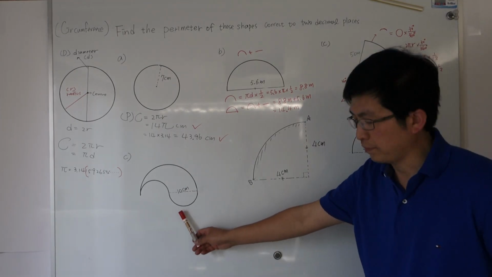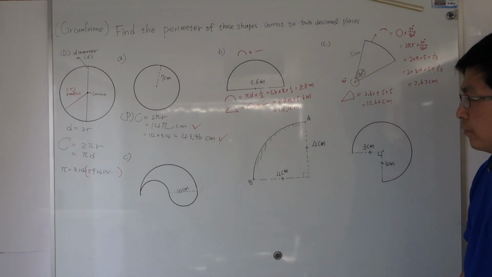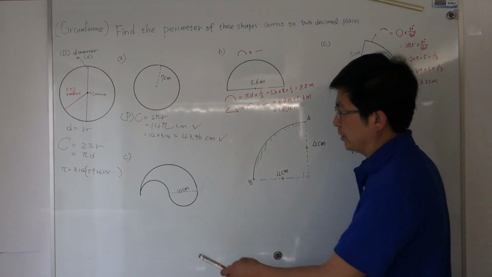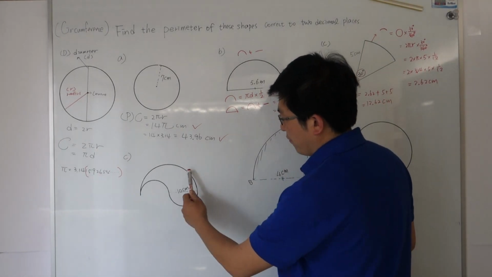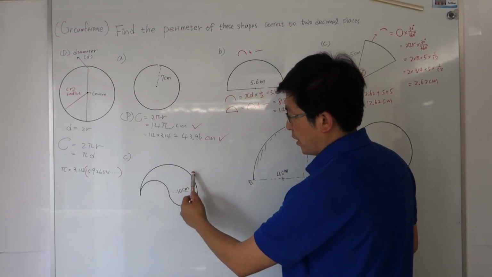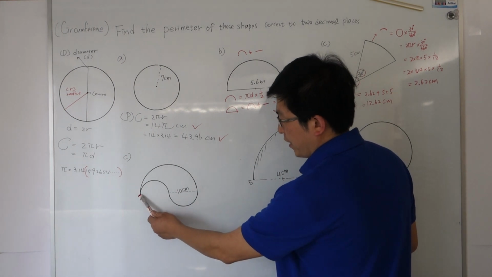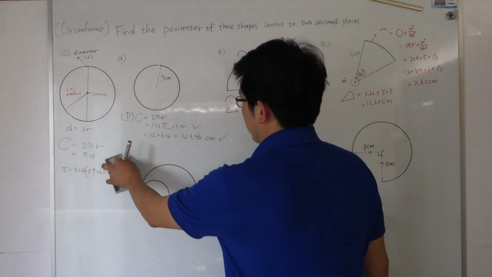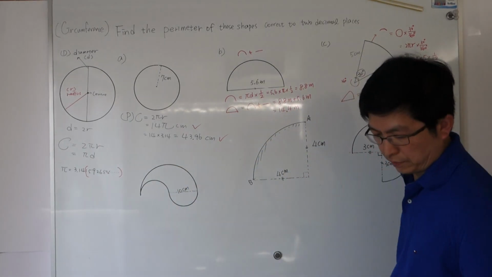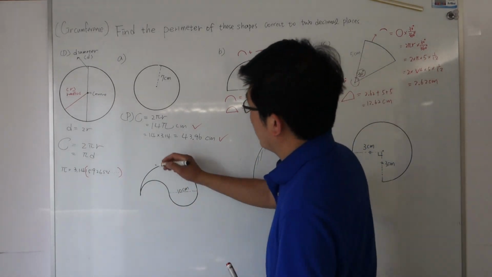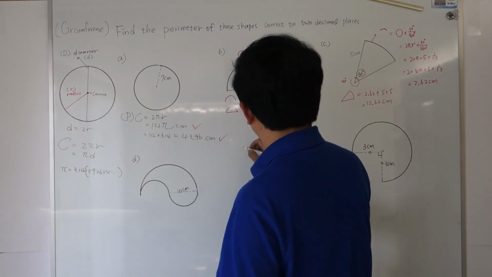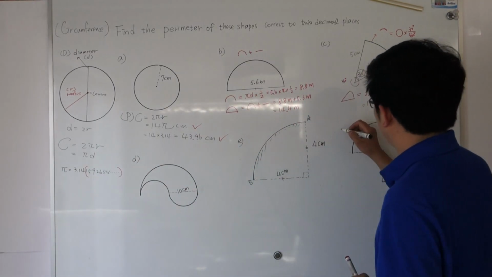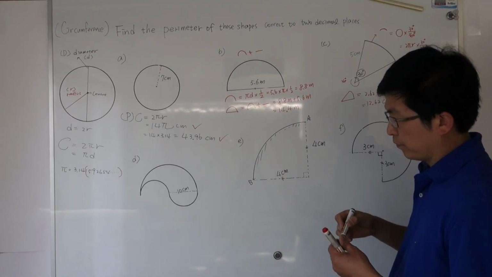Okay, we can go to this one. Do you find the shape? Half a circle. And this one should be D, right? D, E, F. Okay.